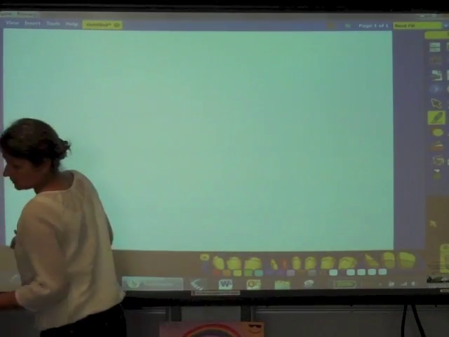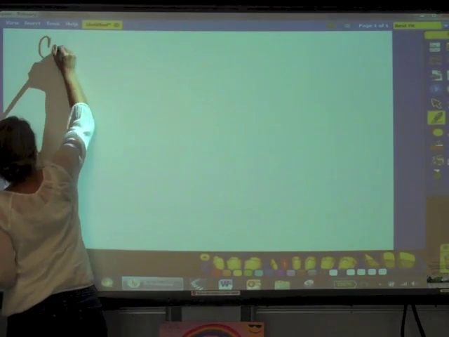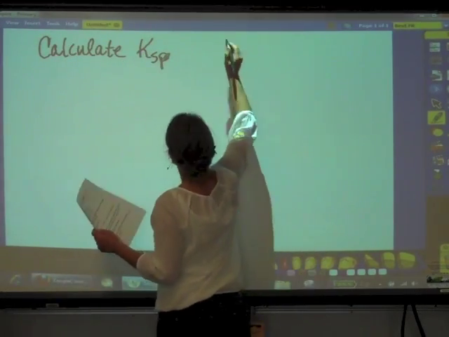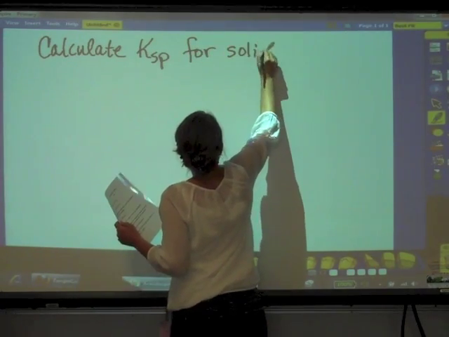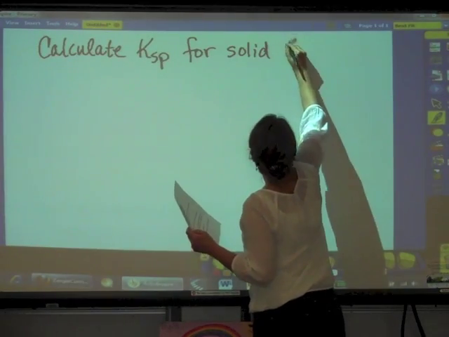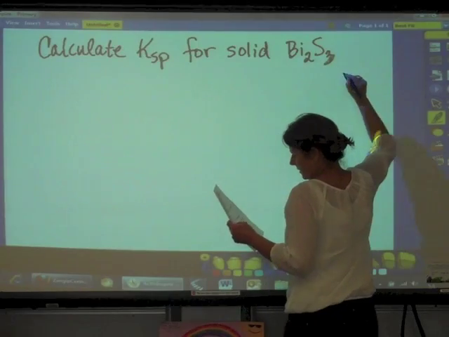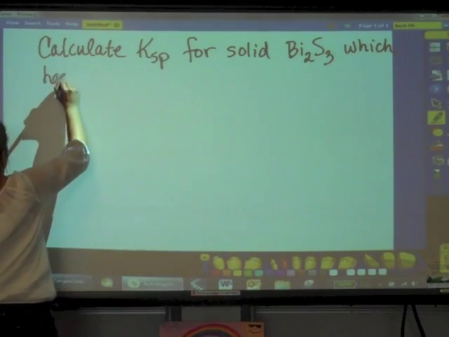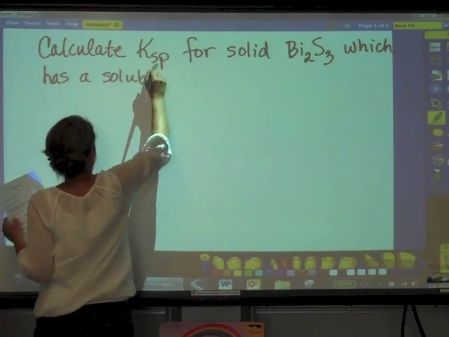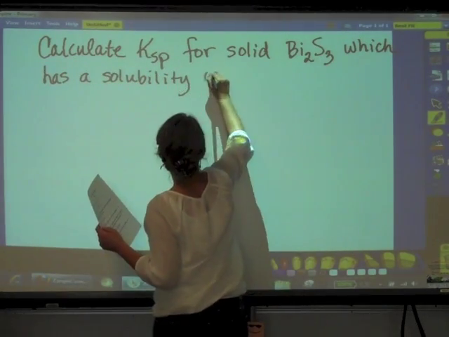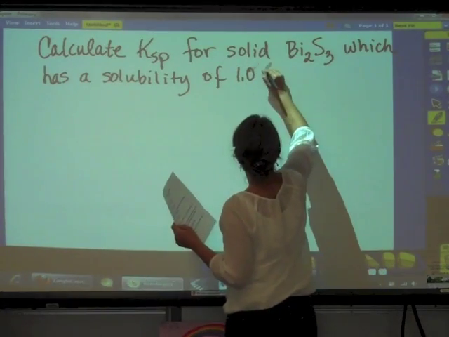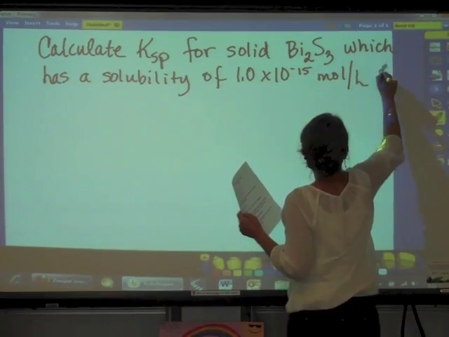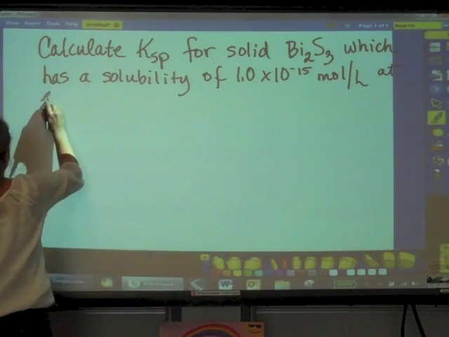Okay, so calculate the Ksp for solid bismuth sulfide, Bi2S3, which has a solubility of 1.0 times 10 to the minus 15 moles per liter at 25 degrees Celsius.